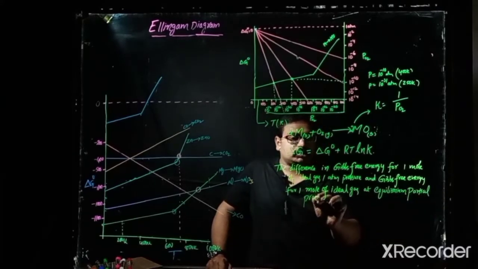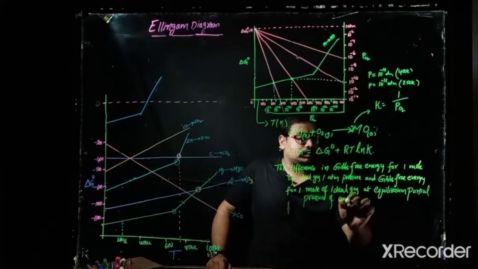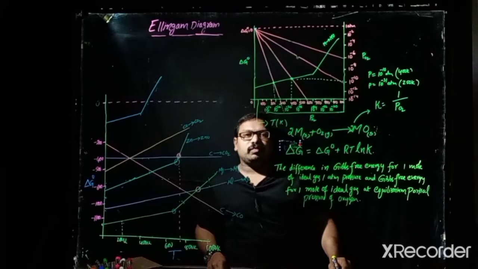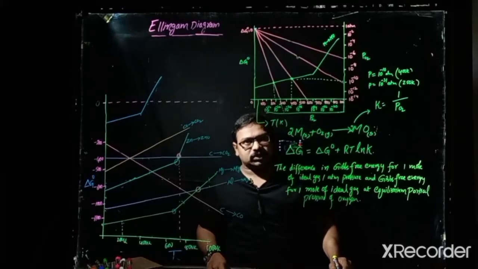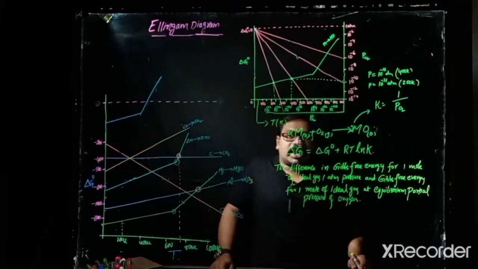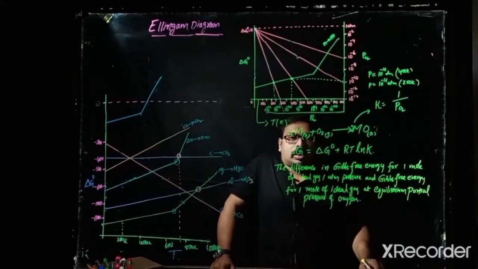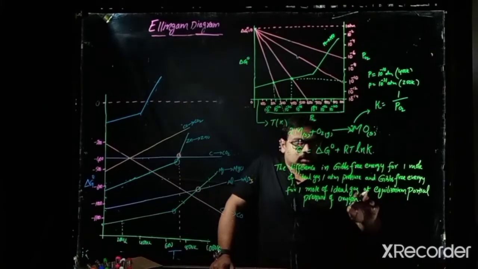So we have to find the standard Gibbs free energy for the oxidation of metal based on this formula.